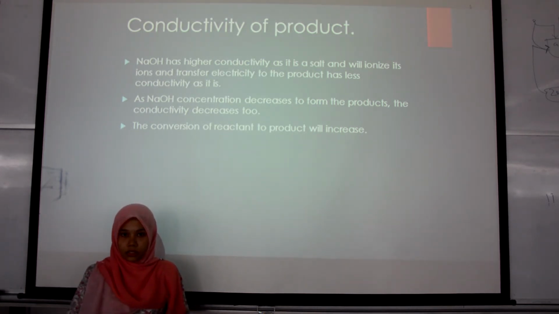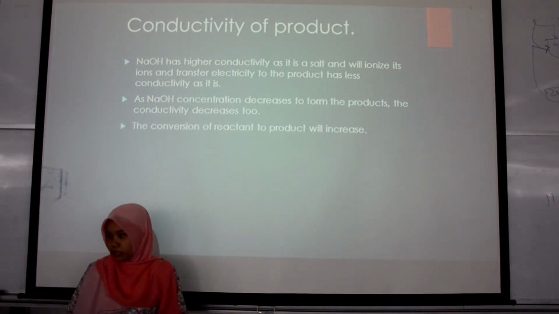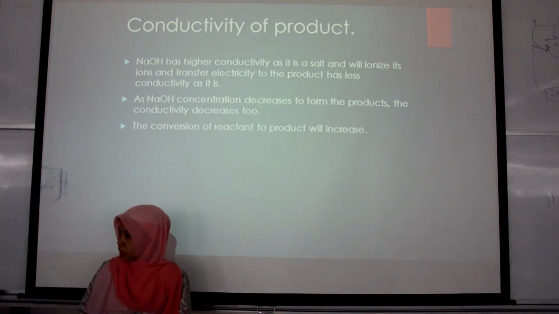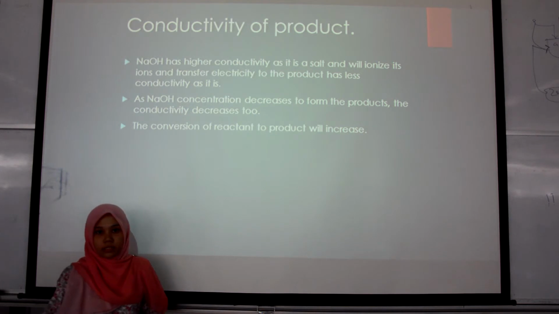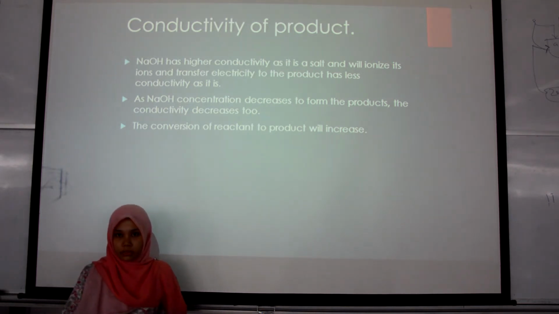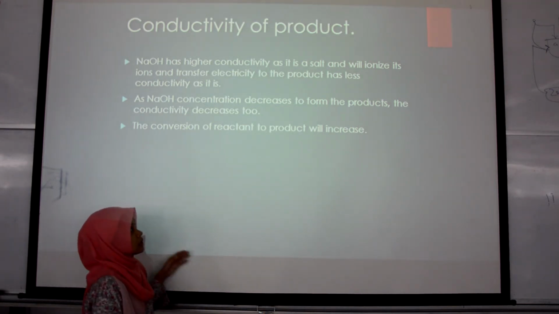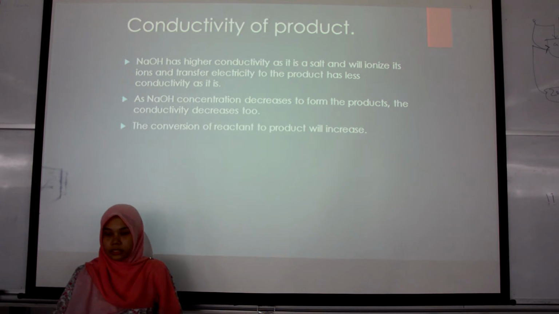Sodium hydroxide is a salt and it has higher conductivity, so it ionizes and transfers electricity, while the product has less conductivity. Then as the sodium hydroxide concentration decreases as time passes, the conductivity will also decrease. But then the conversion will increase.